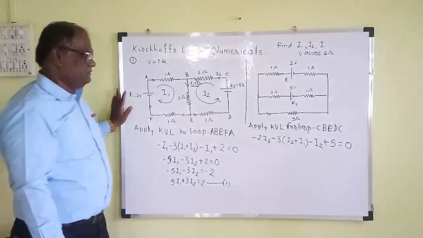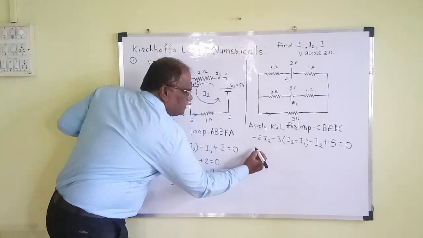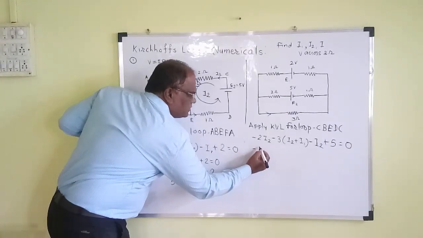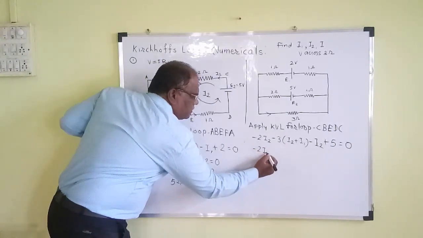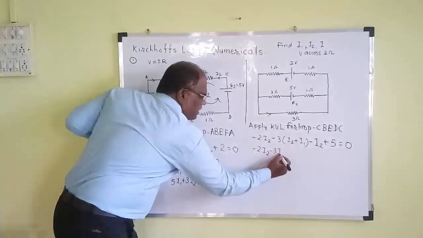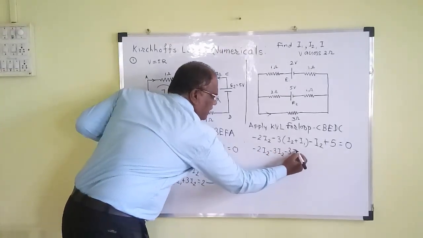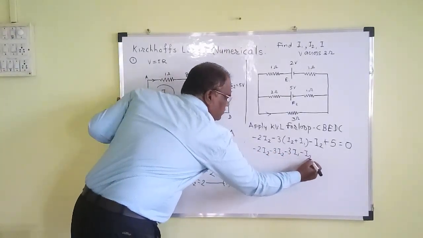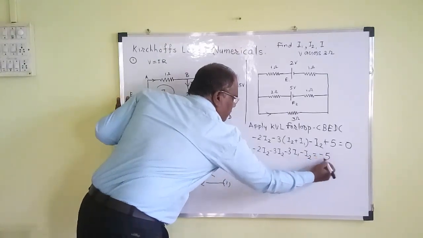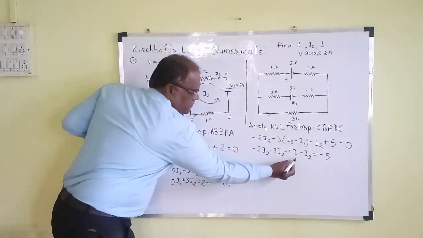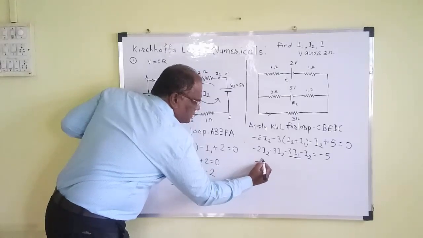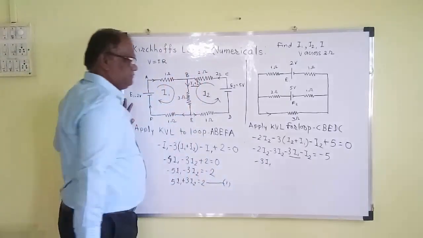Solve this. Minus 2I2 minus 3I2 minus 3I1 minus I2 is equal to minus 5. Minus 3I1.